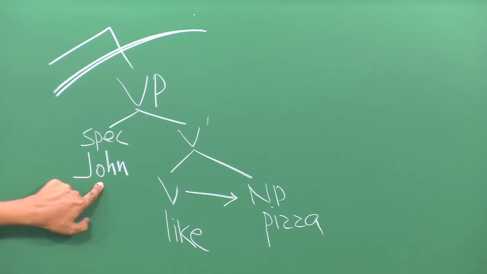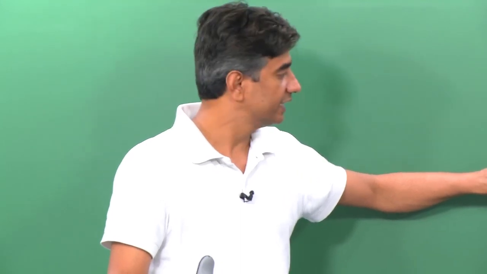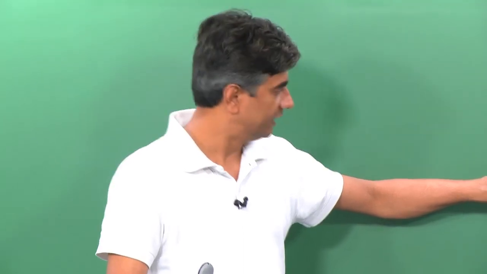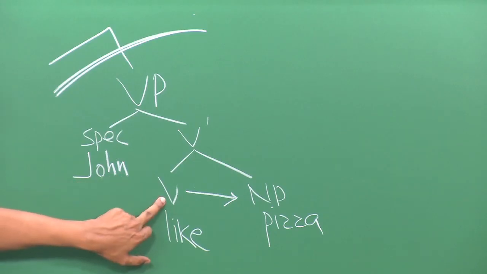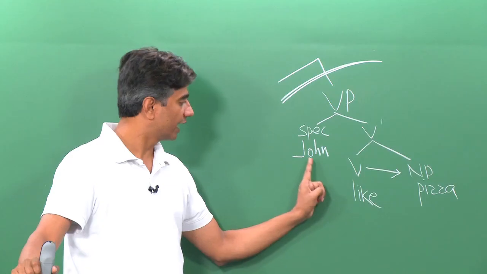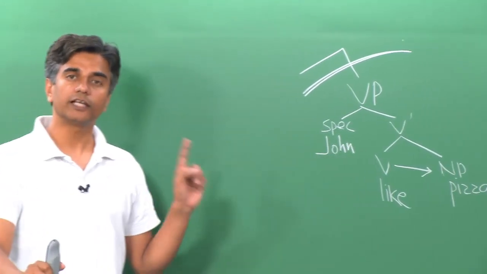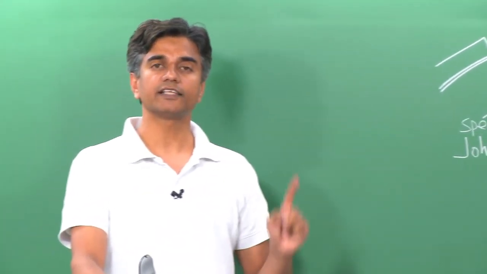This cannot be allowed to stay here for one more reason. One reason is it has to be outside the predicate. The other reason is it will not have a case assigner here, because this head assigns case to its complement. It will need one more head to assign case, and therefore for the requirement of a nominative case assigned to the subject NP, it needs to go to a different place.